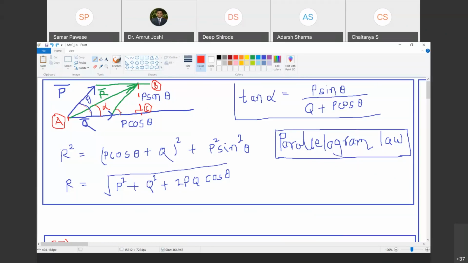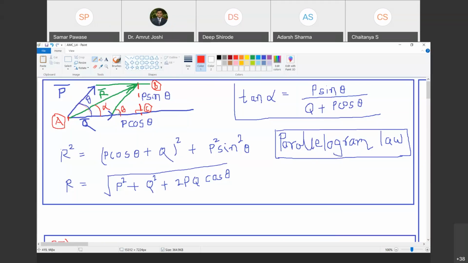As these two lines are parallel, this angle is theta. Theta is the angle between P bar and Q bar. Though you see Q bar as horizontal here, it is not necessarily horizontal. You orient your x-axis along Q bar. That's what I mean to say. Are you with me? Have you understood the construction? Yes, sir. Okay.